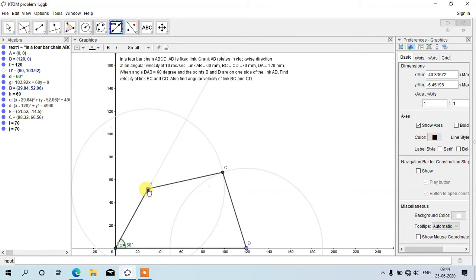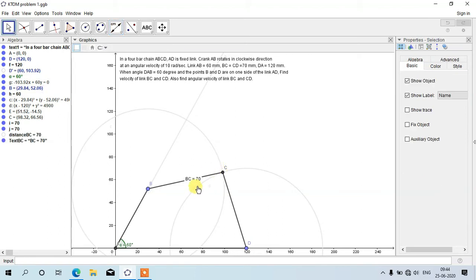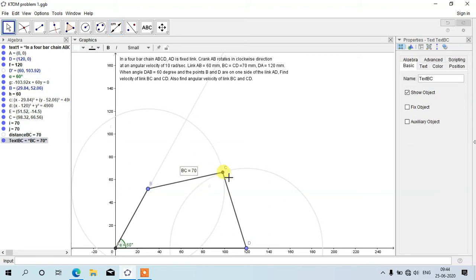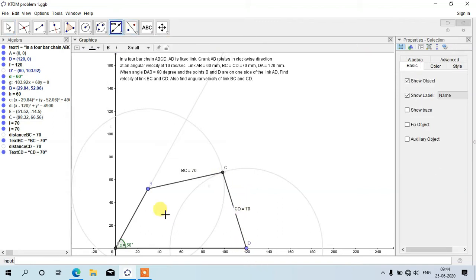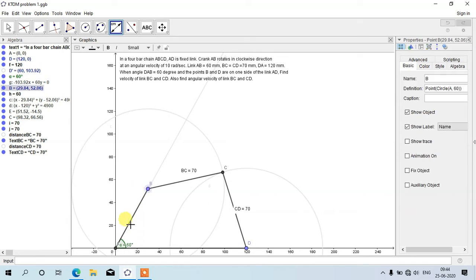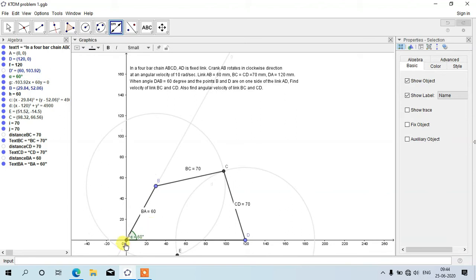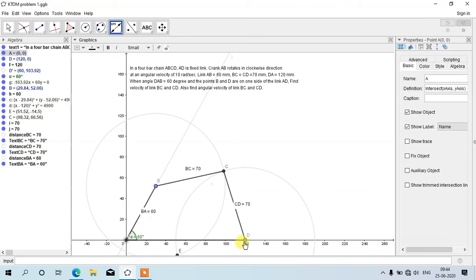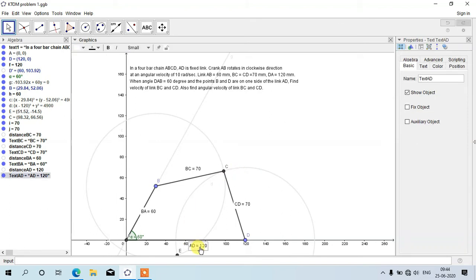We are given the length of link BC is 70 mm. So it comes out 70. Length of link CD is again 70 mm. Our crank length is 60 mm and the length of our fixed link is 120 mm. Let me reposition these names.